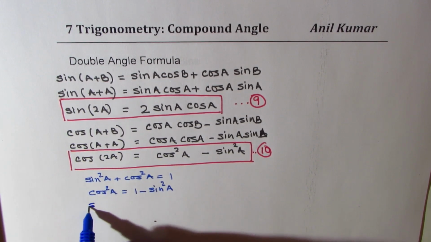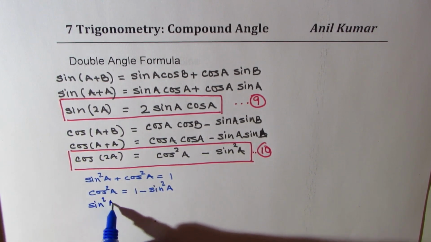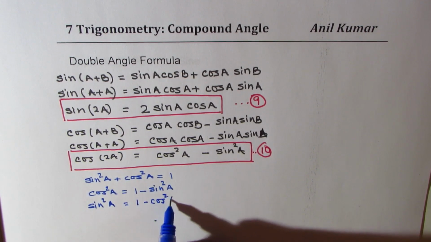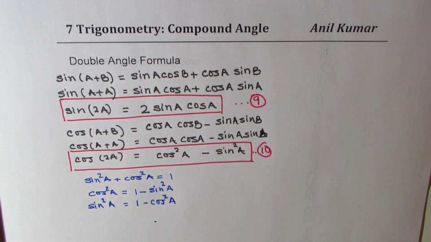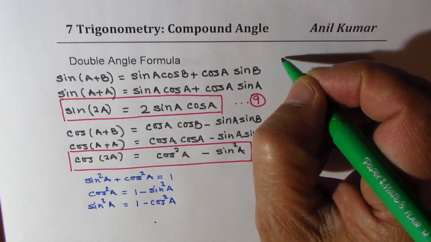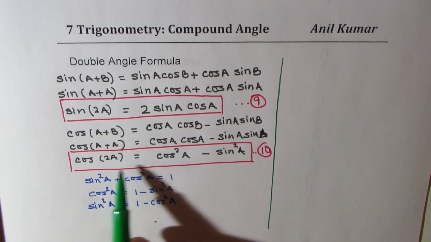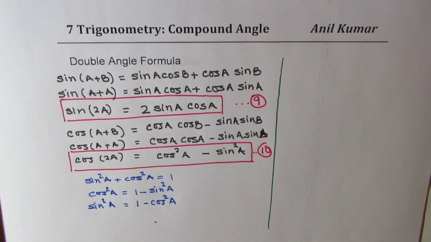You could also write sin square A as 1 minus cos square A. Correct? So if you do these substitutions, we get 2 other formulas from cos 2A itself. So let's see those formulas now.